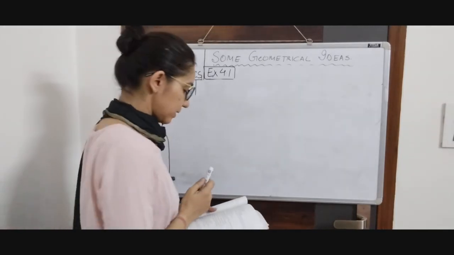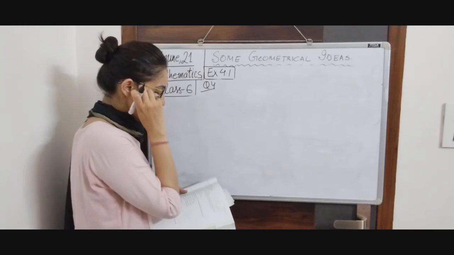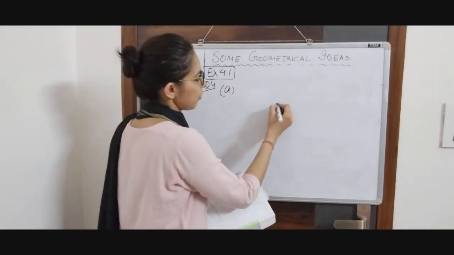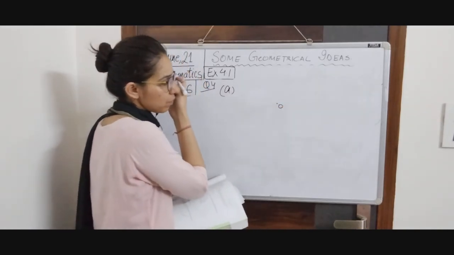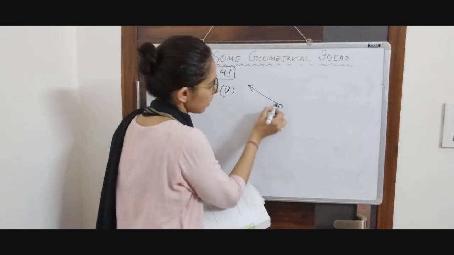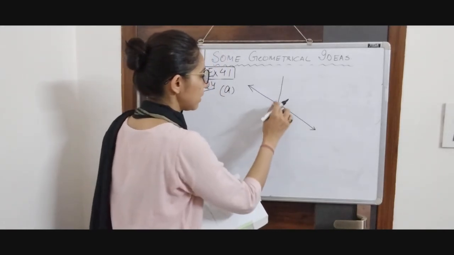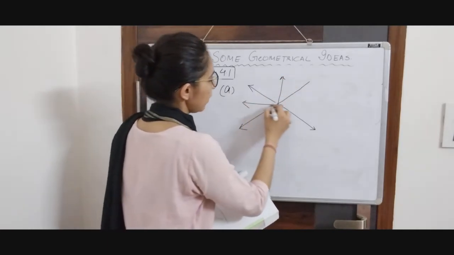Question number 4 says, how many lines can pass through one given point? Okay. You have one given point. Suppose it is O. How many lines can pass through it? You can draw as many lines as you want from a point.